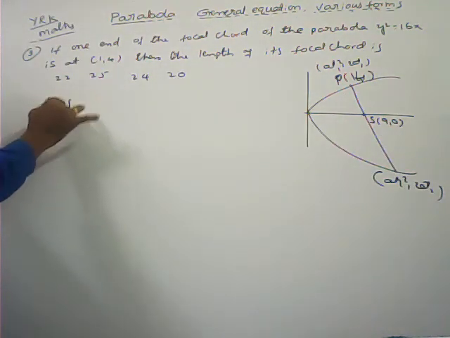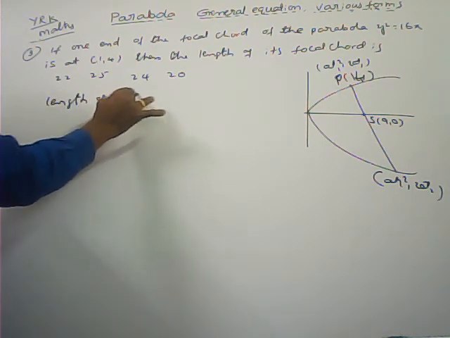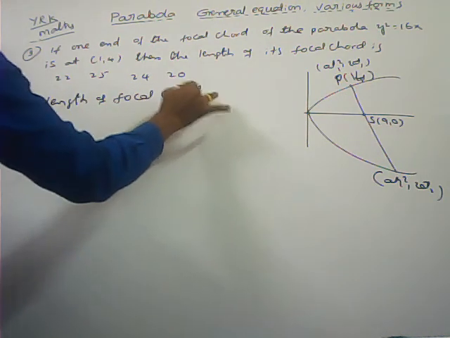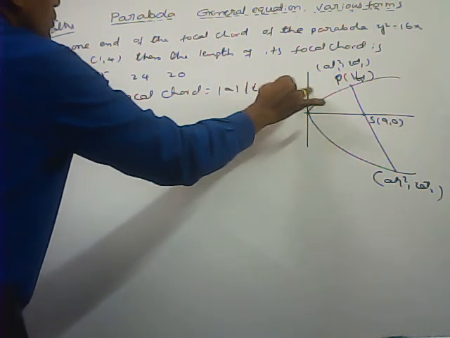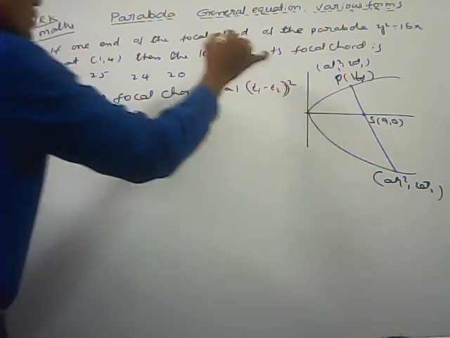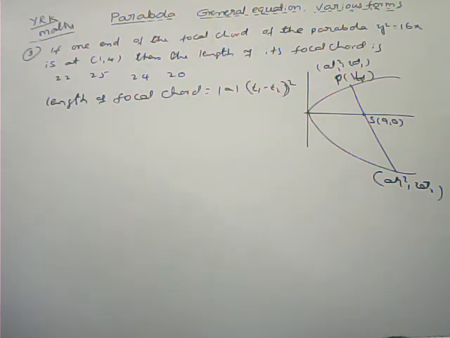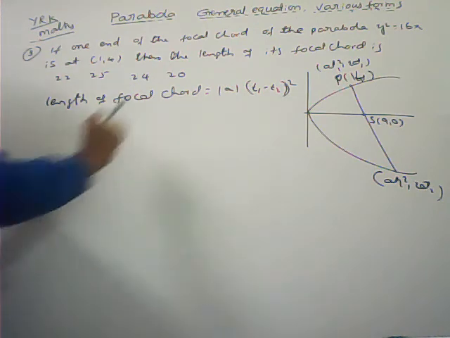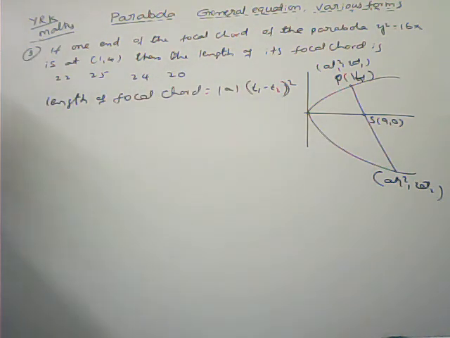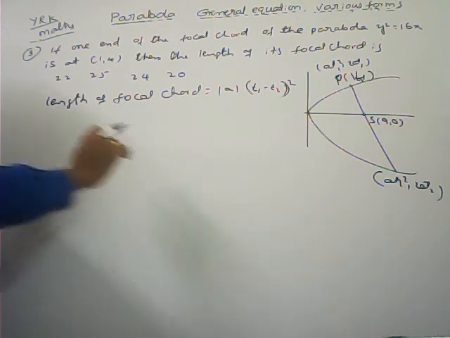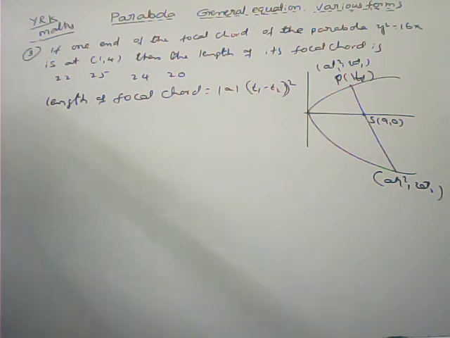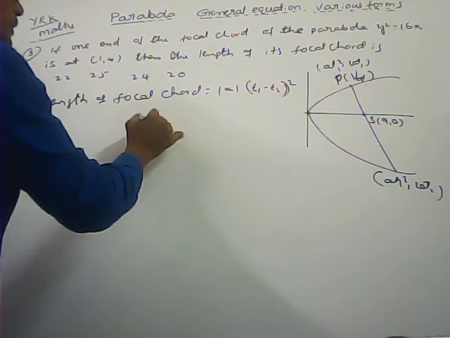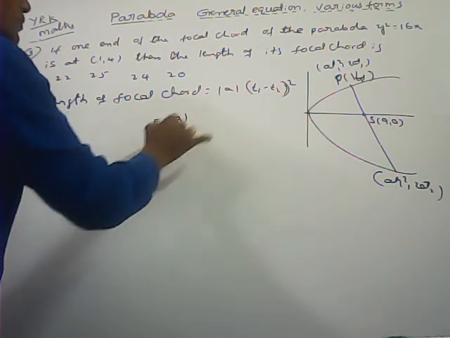The length of the focal chord is equal to modulus of a into (t1 minus t2) whole square. Otherwise, modulus of a into (t1 minus t2) whole square, that is the length of the focal chord. Already we have done this.